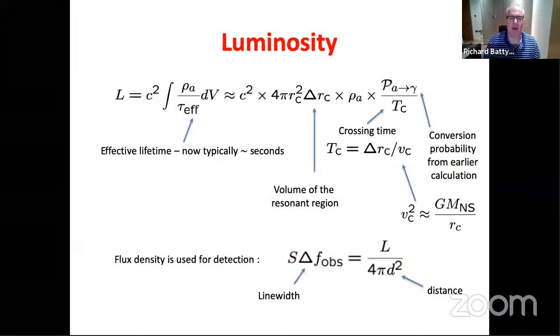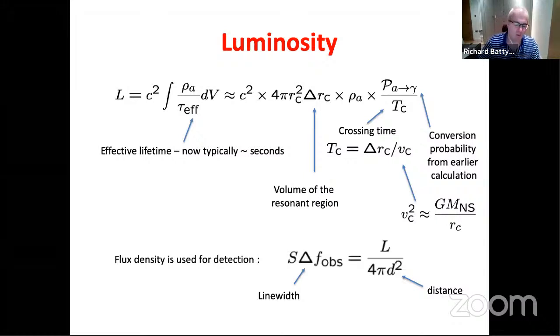We can calculate the luminosity we would expect, and it's basically just the rest mass energy of the axions in the volume of that spherical shell around the neutron star, at a radius of about 100 kilometers with a width of maybe 20 kilometers, divided by some effective lifetime. The effective lifetime in such large magnetic fields now becomes typically seconds rather than 10 to the 35 seconds.